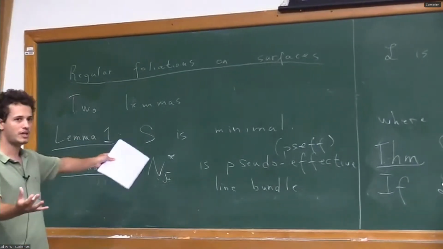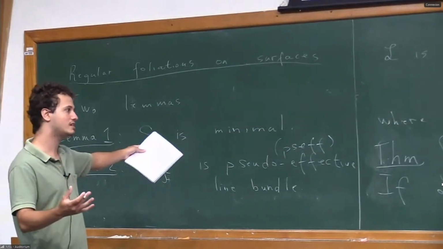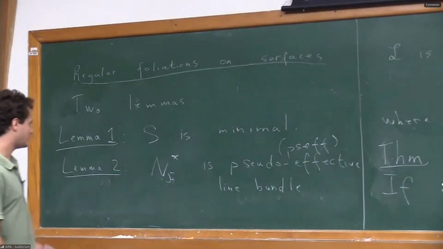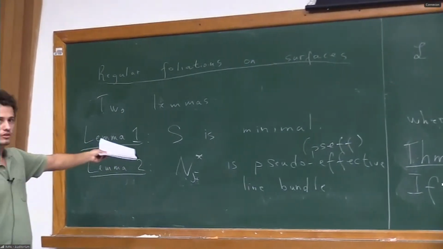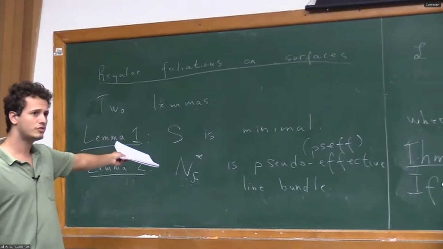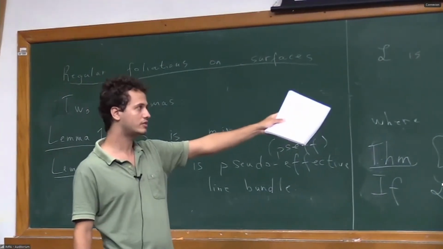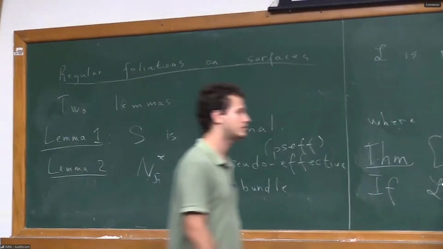And if you have a metric on a line bundle, we can dualize and find a metric on its dual. So we can find a metric on the normal bundle of the foliation, which has non-positive curvature.